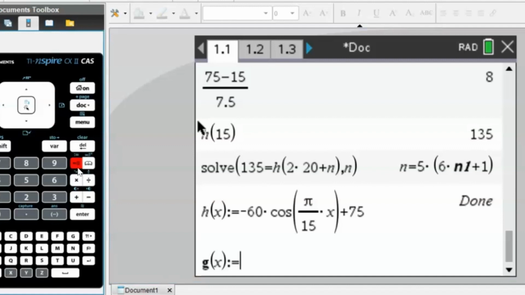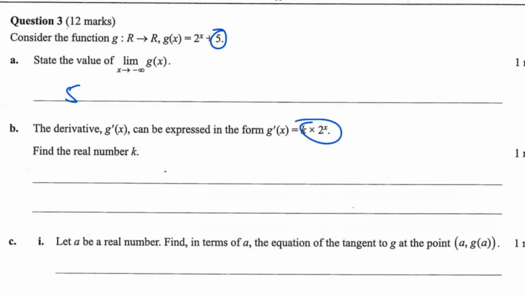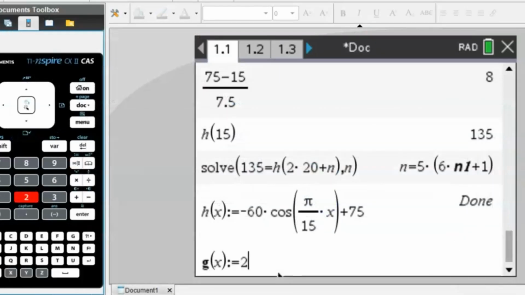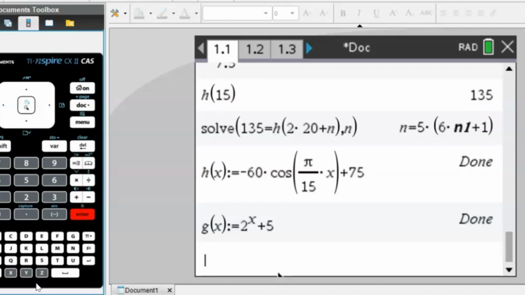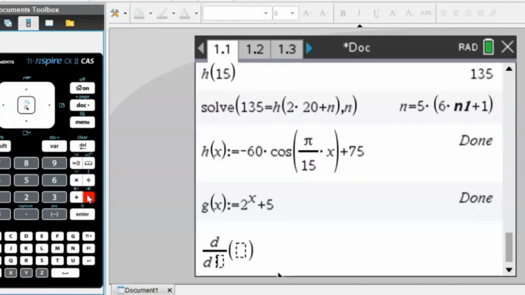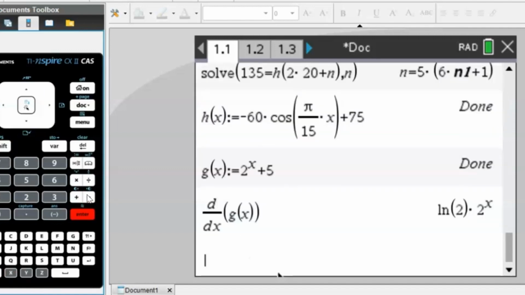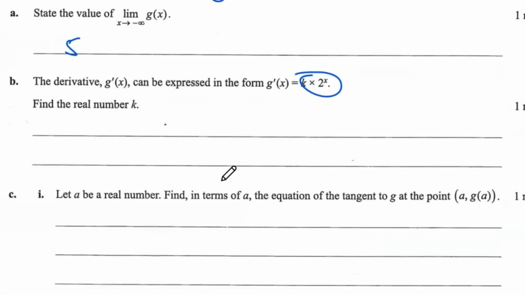That was 2 to the power of x. Alright, so k equals the natural log of 2.